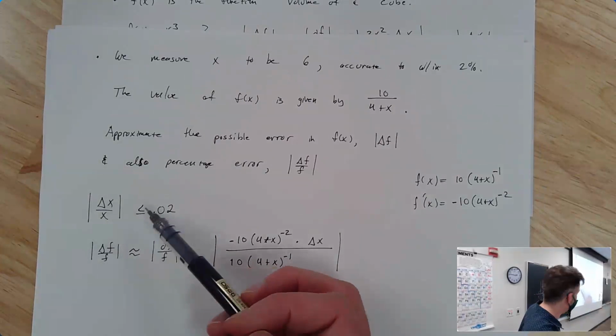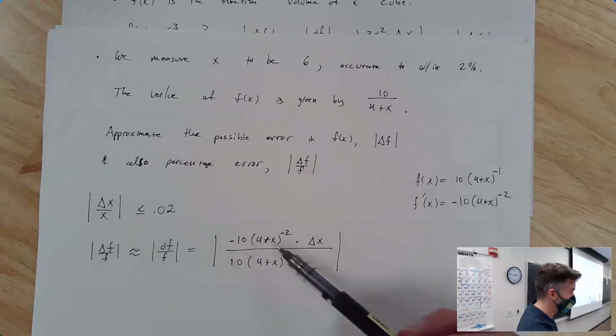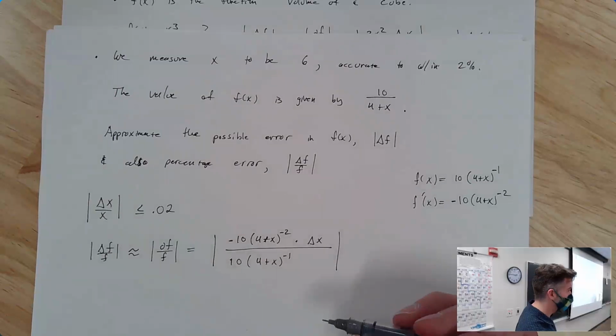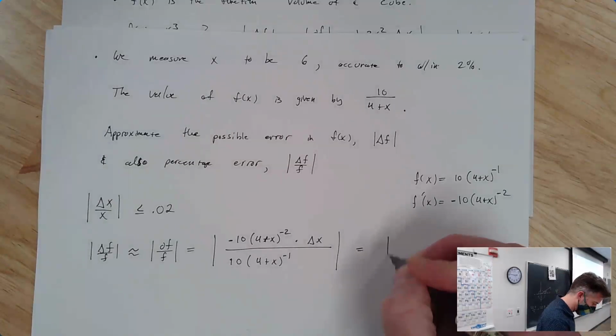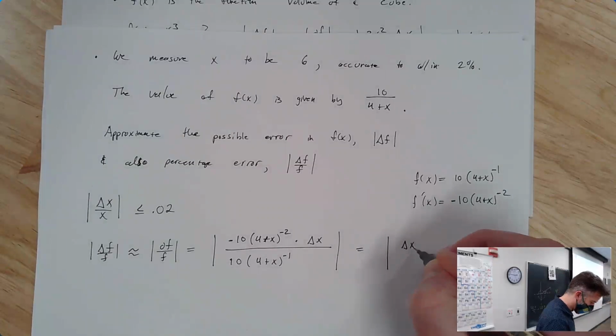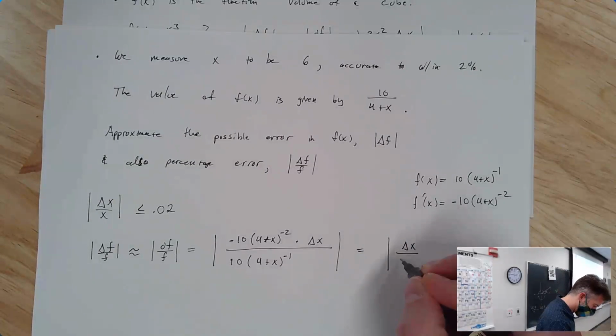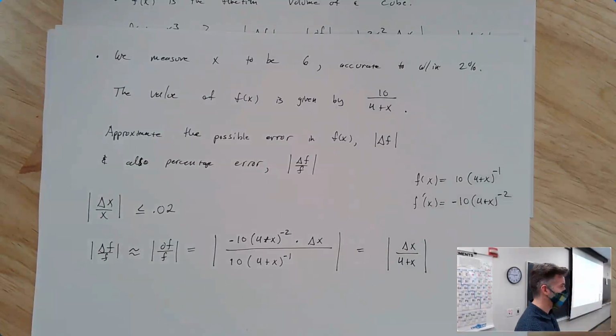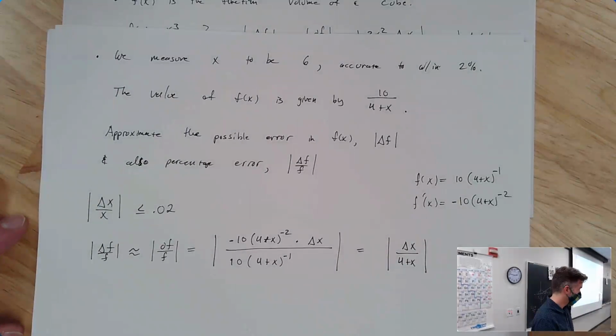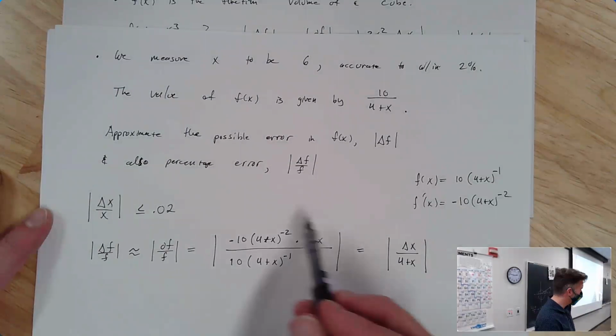I don't see a delta x over x coming out of this mess. I can cancel some stuff, but that's not really going to help me. If you simplify this, it ends up being delta x over 4 plus x. I drop the negative sign because the absolute value would take care of that. But that's not exactly what I wanted. So we're kind of stuck actually using the numbers here. This was maybe worth looking at, but maybe not.